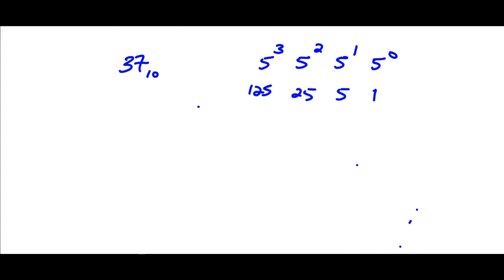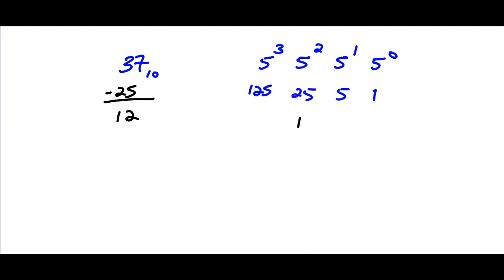I'm going to use the subtraction method. Once again, 125 is too large, so I know I have to stop there, because if I subtract 125 from 37, I'm going to get a number bigger than 37. So I'm going to start with 25 and subtract. I get the number 12. So I can't subtract any more 25s from it.